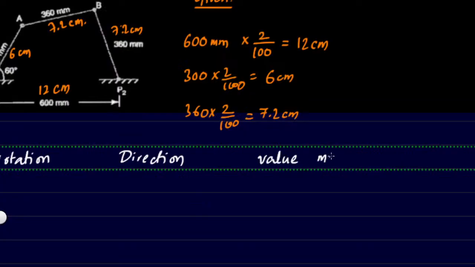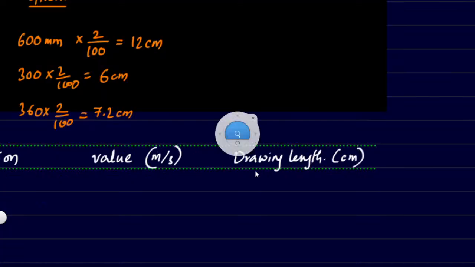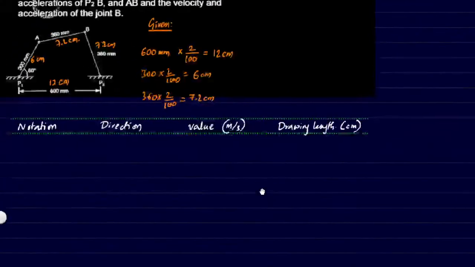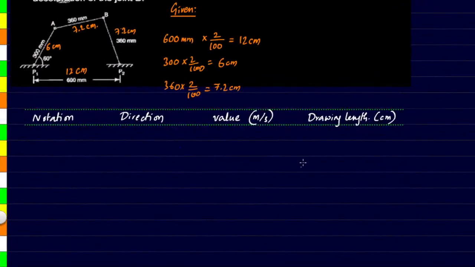This value we have to take in meters per second, and then drawing length. Drawing length we will have to take in centimeters. So this is how we will have to get our velocity table. Now let us quickly go ahead and write down all the velocities that we will need. First velocity that we will need is the velocity of A with respect to P1.